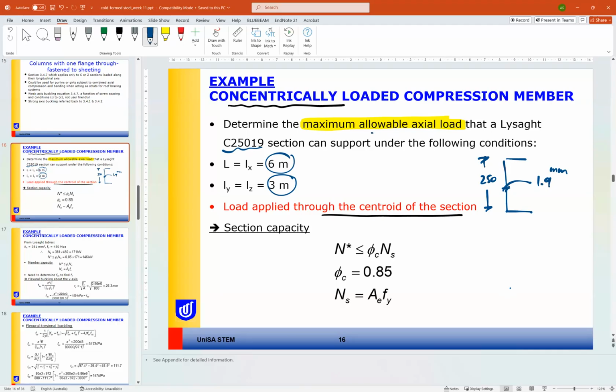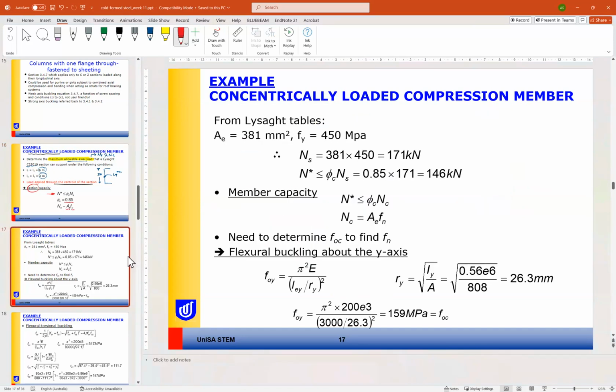To find the maximum allowable load, we need to calculate Ns and Nc. Let's start with the section capacity, or Ns. N* is less than or equal to phi c Ns, where phi c is 0.85 and Ns is equal to A effective times F yield.